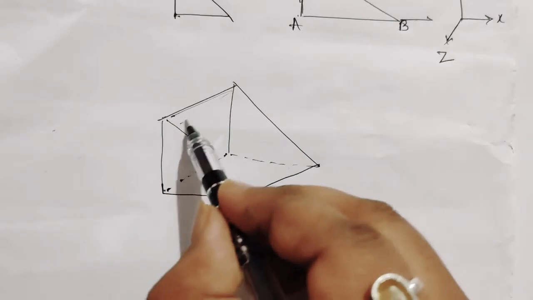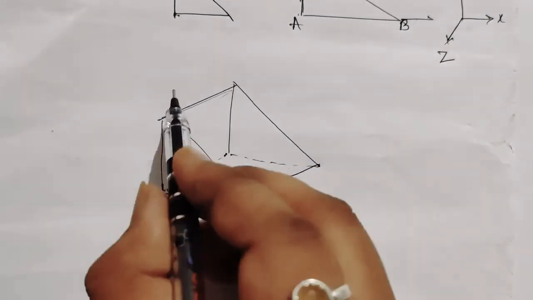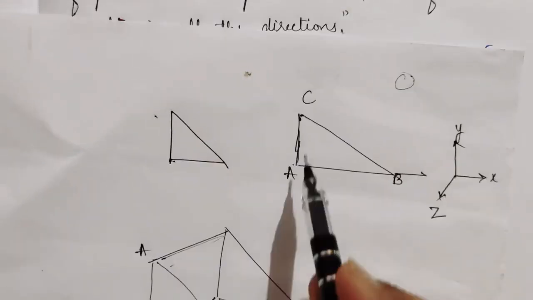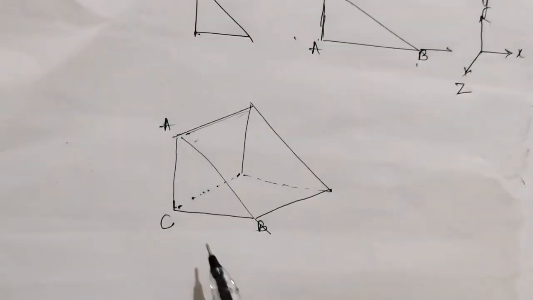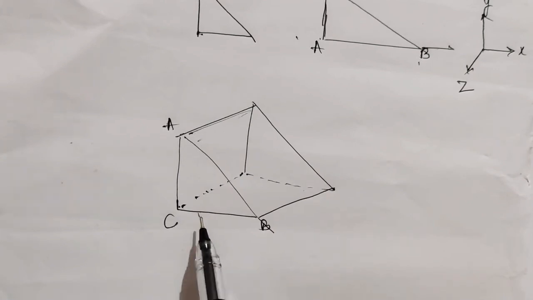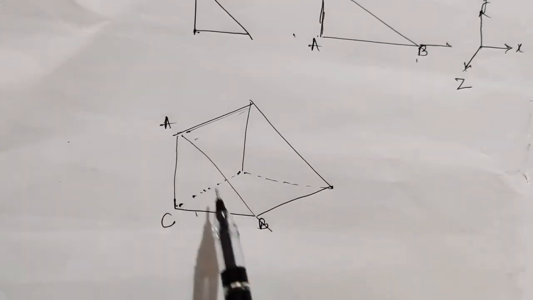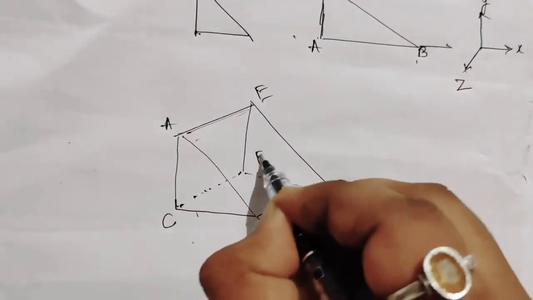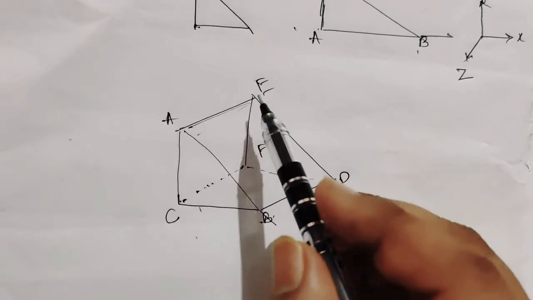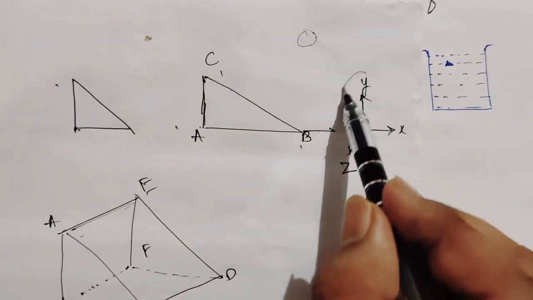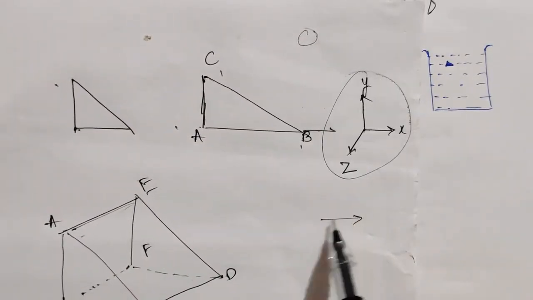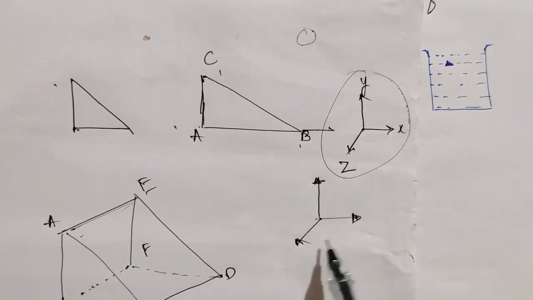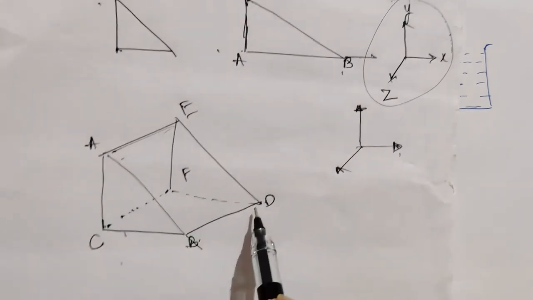If I take a 3D element, it is nothing but A, B, C, and the other part D, E, F. For these three sides we need the three-dimensional law.